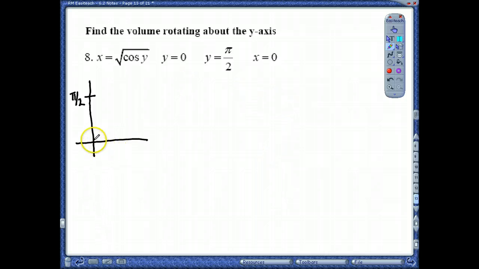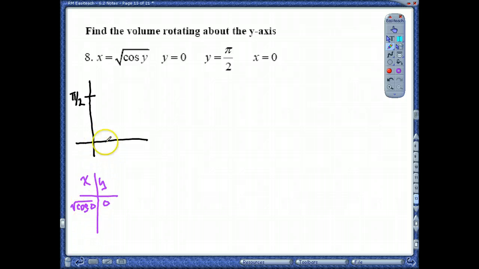Well, I've got 0, so when I put 0 in for y, the cosine of 0 is 1. And let me just make a little t-chart here for you so you can play along at home. So I'm putting in 0 for y. So then x is the square root of cosine of 0. Okay, well the cosine of 0 is 1. The square root of 1 is 1.